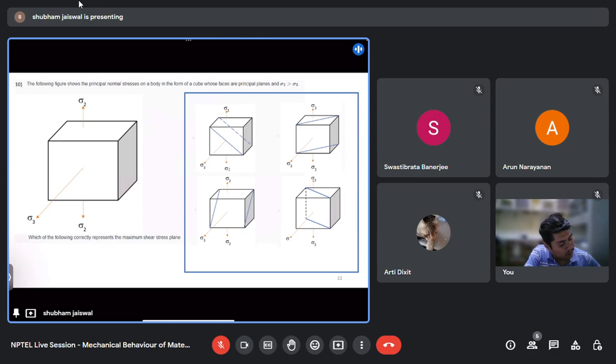Here you can see the figure, and sigma 2 and sigma 3 are applied. Which of the following correctly represents the position of the maximum shear stress plane?